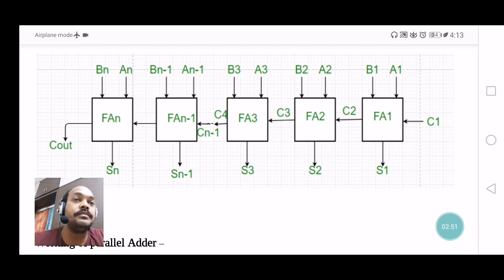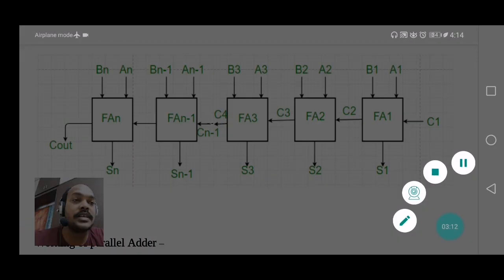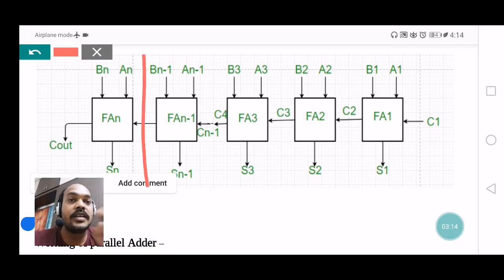One of the outputs is the carry. In this structure, n full adders are there; the number of bits determines how many full adders must be present. If you are supposed to construct a 4-bit parallel adder, you need 4 full adders.